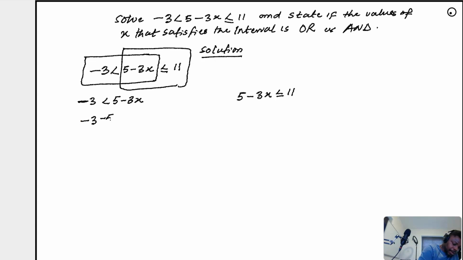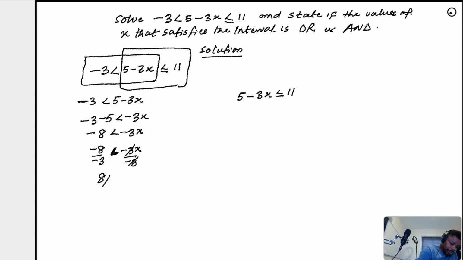Minus 3 minus 5 less than or equal to 3x. This is minus 8 less than or equal to 3x. Okay, so I will divide through by minus 3. Because I'm dividing through by minus 3, you already know the inequality sign will change.